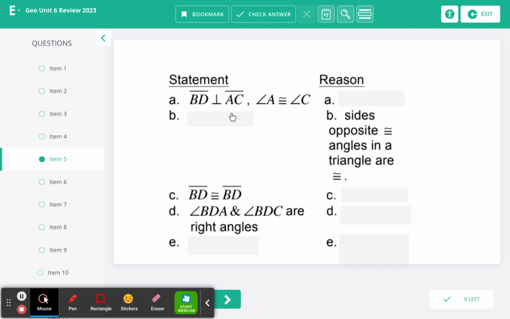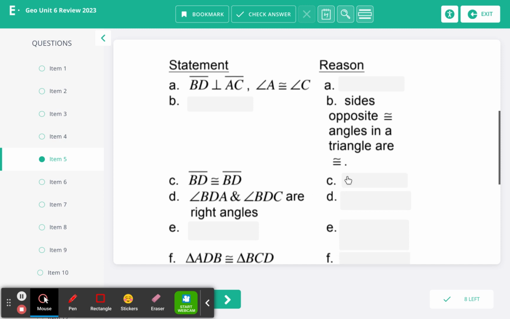It also doesn't hurt if you have a couple on here that you're not really sure what they are. Just do your best and maybe give it a guess, because you never know, you might get it right. You're going to get partial credit for each of the reasons or statements you get correct. So don't just leave the whole thing blank because you don't know how to do the whole thing. Mark the parts that you know.